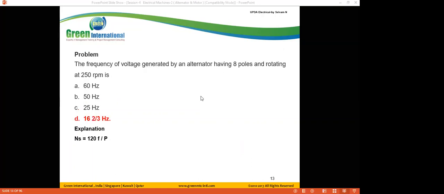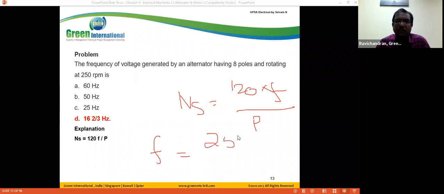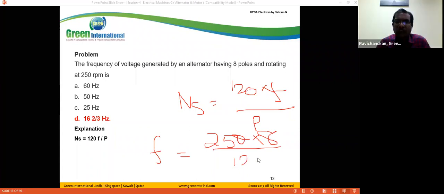Yes, by using this formula, I write N equals 120 into F divided by P. So we need F. F is equal to 250 into 8 divided by 120. Yes, I will check that answer also.